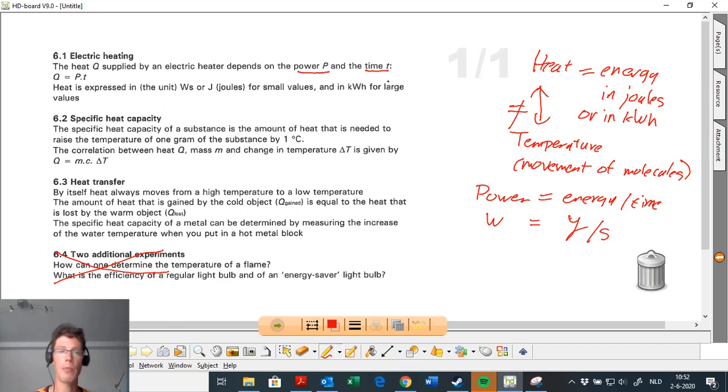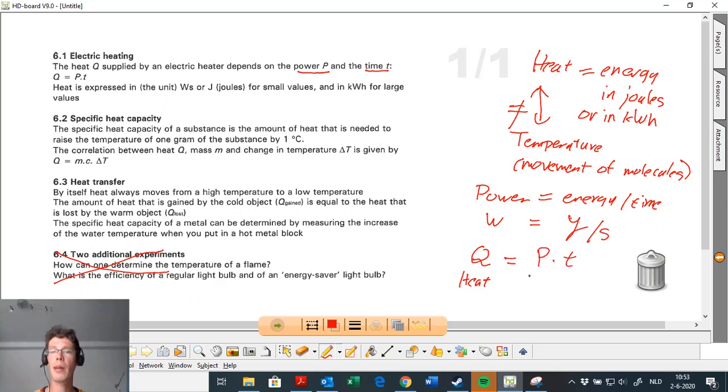Now, time is most of the time given in seconds, and to see what unit that will give for heat, I can look at power. If I take this formula, heat, for which we use the symbol Q, equals power times time.